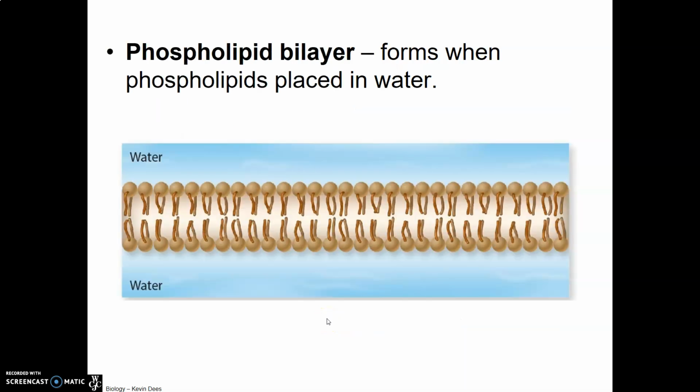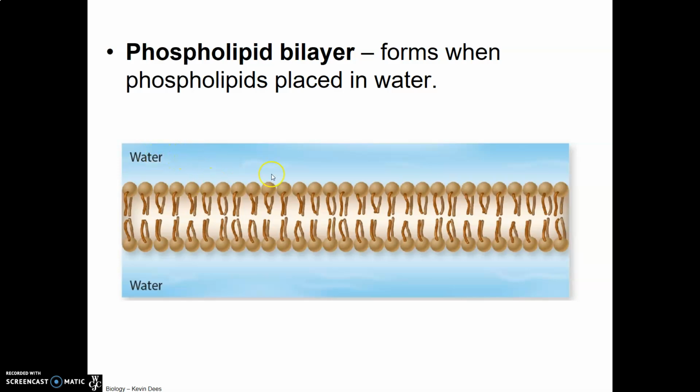Now, these phospholipids are really important because when we place them in an aqueous solution, water, they orient themselves with the hydrophilic heads, these round balls, which contain the phosphate, towards the water, and the hydrophobic tails rotate in towards each other. Remember, the water-hating hydrophobic tails and the water-loving hydrophilic heads.